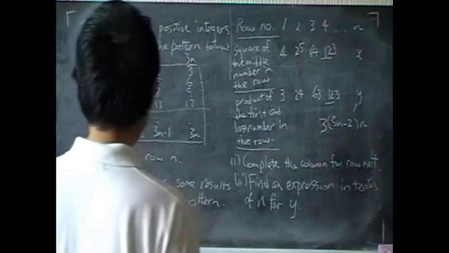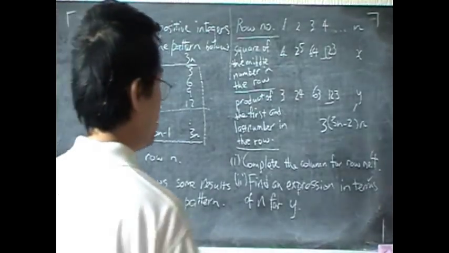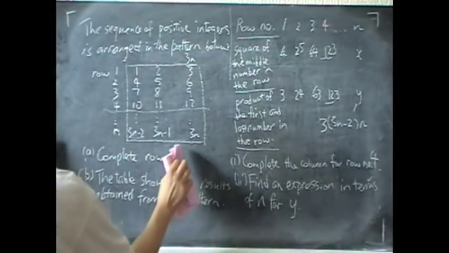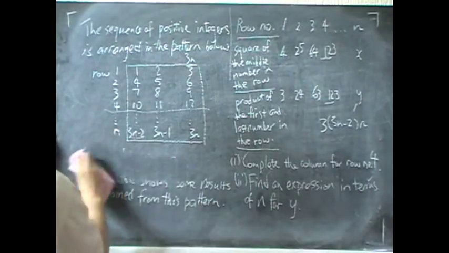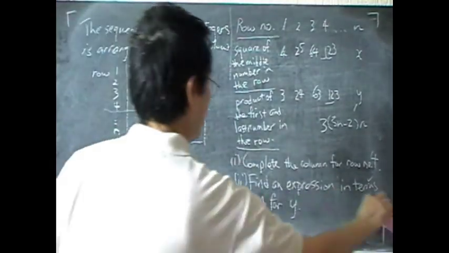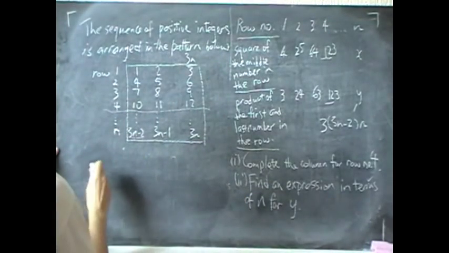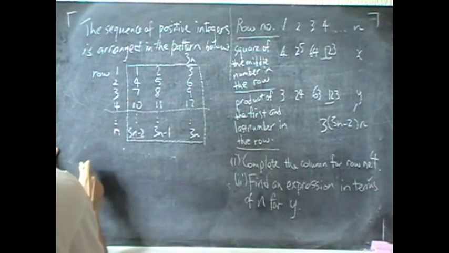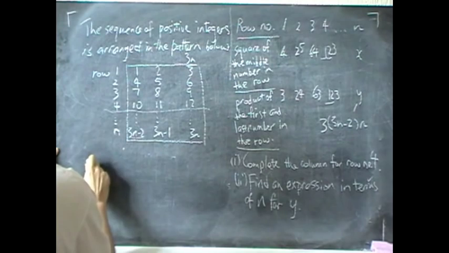Now there is a last part to this. Let me find some space to write it. I shall clear this part off because we still need this table. Part 3.